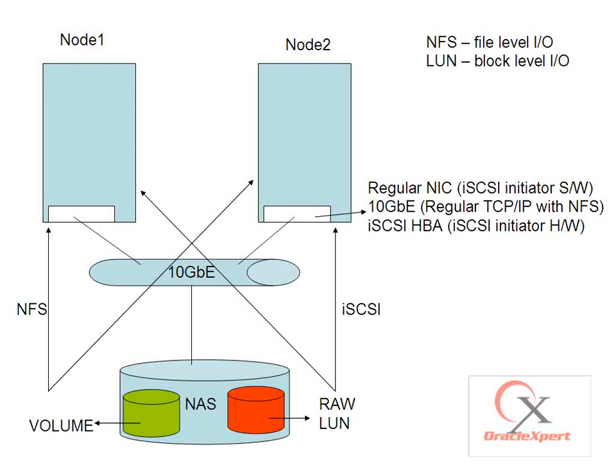Now let's understand the purpose of this regular NIC. So I assume on the server we have a regular gigabit Ethernet card, a NIC. This NIC will have its own TCP IP address. How does this then access my volume in a NAS mode or a raw LUN in a SAN mode?